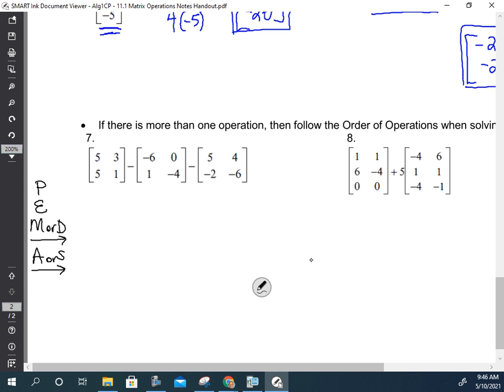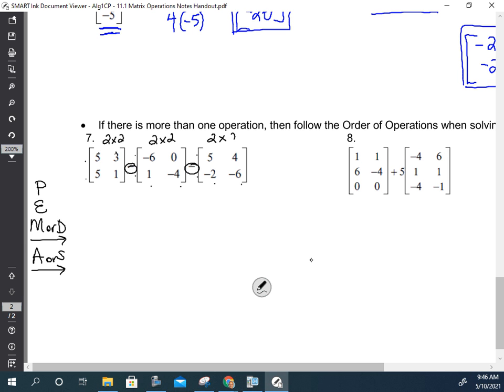So for example 7, you have subtraction and subtraction. First, make sure everything is the same dimensions. So 2 rows, 2 columns, 2 rows, 2 columns, 2 rows, 2 columns.